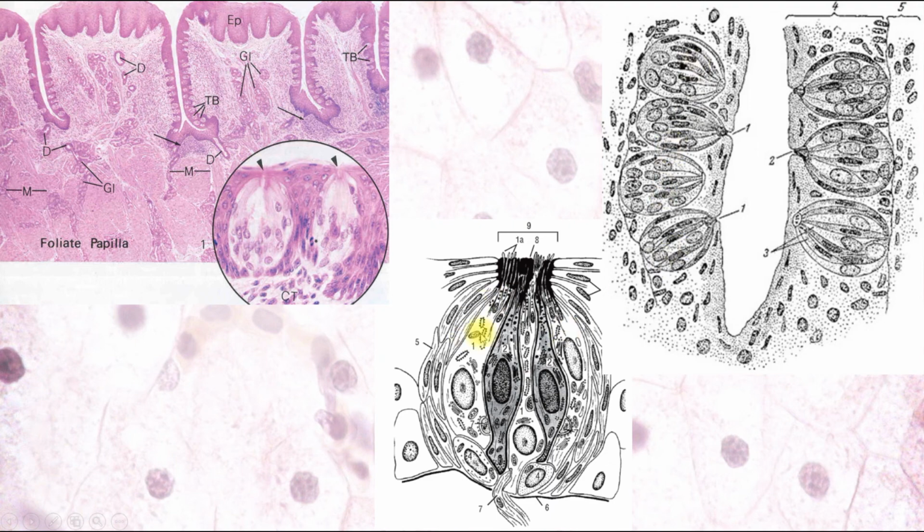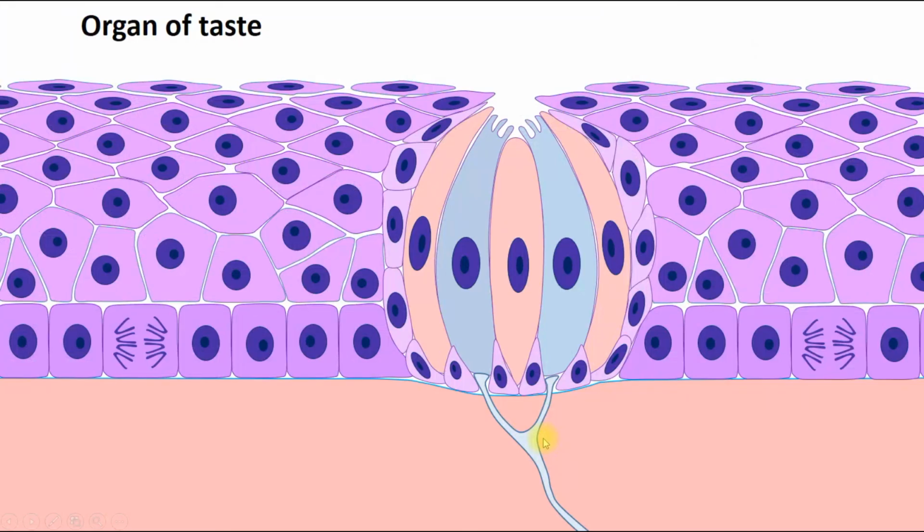So let's look at the structure of this taste bud. Here we can see the covering epithelium of the tongue. It's stratified squamous non-keratinized, or it may be partially keratinized. And inside this epithelium we have special inclusions of special cells. They are called taste buds.